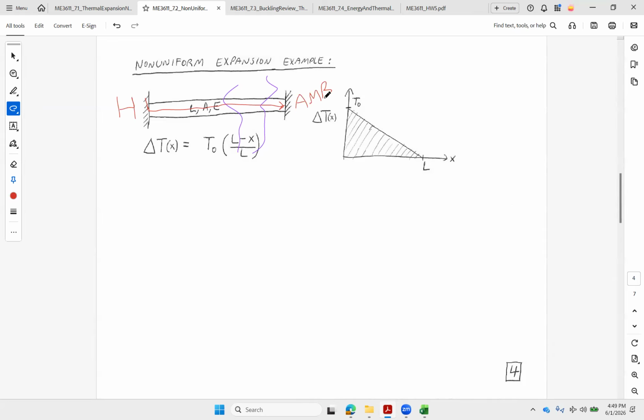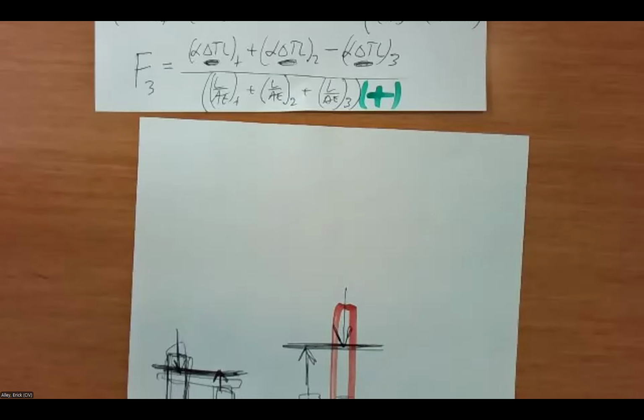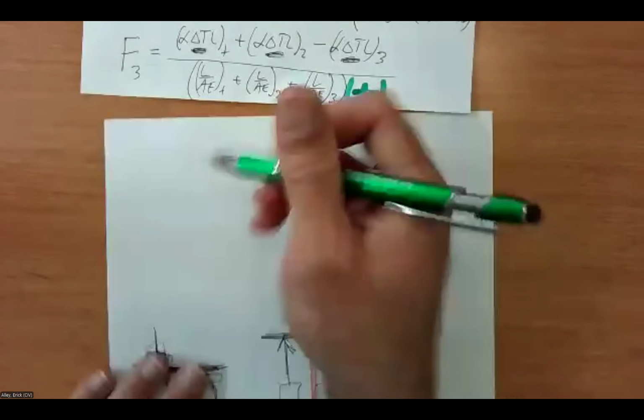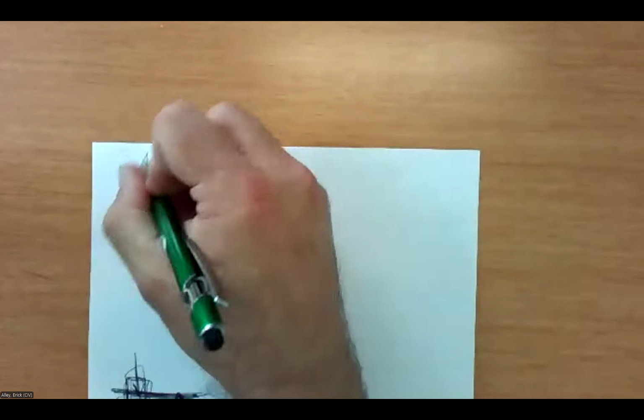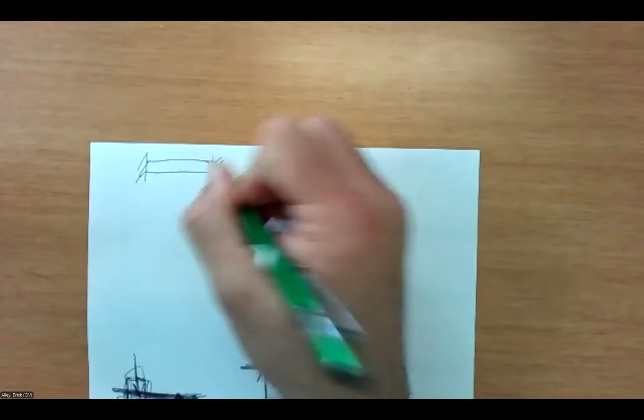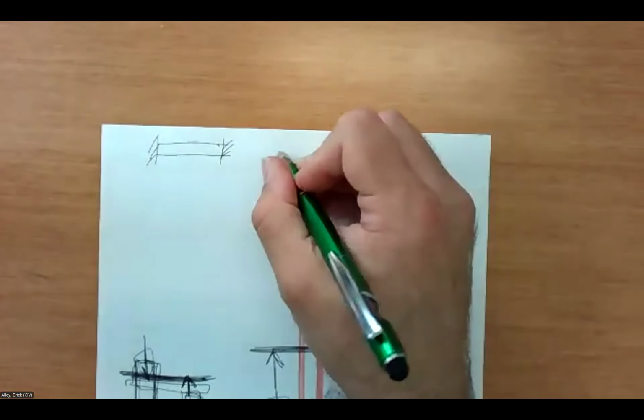Let's see how it works out in terms of the force that it generates. And we've got fixed ends, so again our total displacement is going to go to 0. The equation still applies like before.